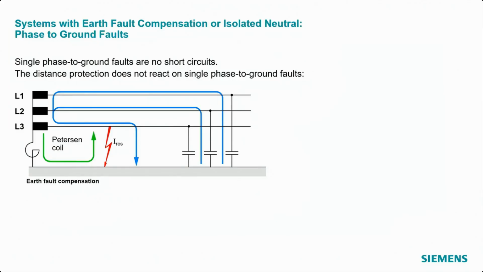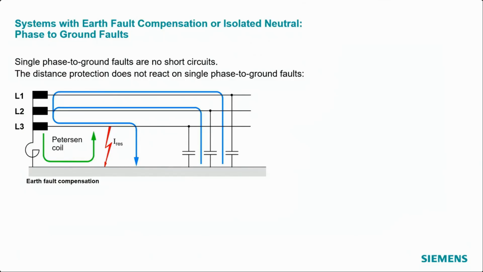That means you have here a transformer shown on the left side, and the transformer star point is grounded via a coil. This coil is called compensation coil or Petersen coil. And the effect of this coil is that it reduces the earth current in case of a phase to ground fault.